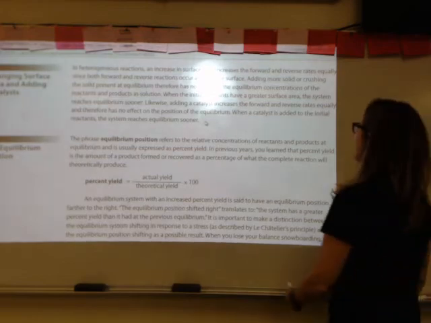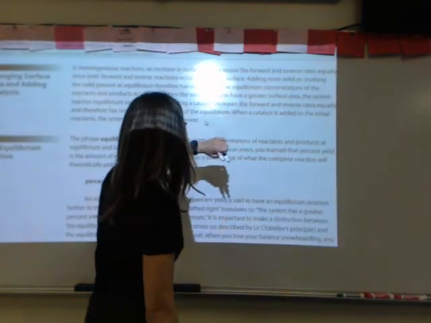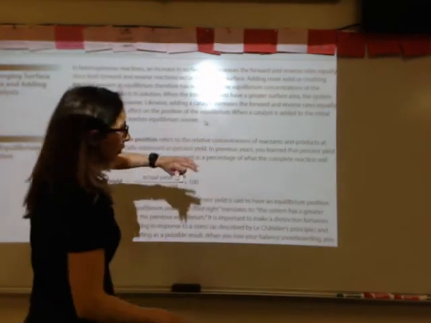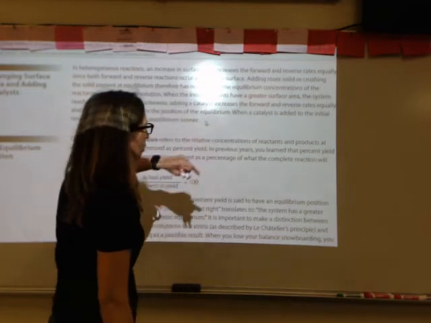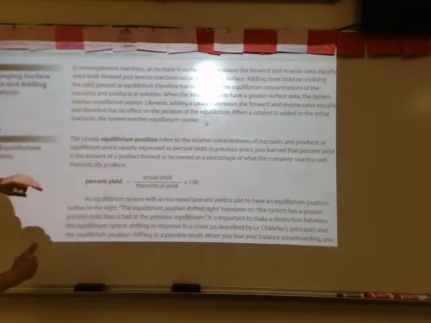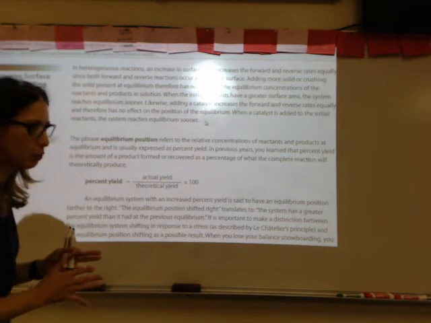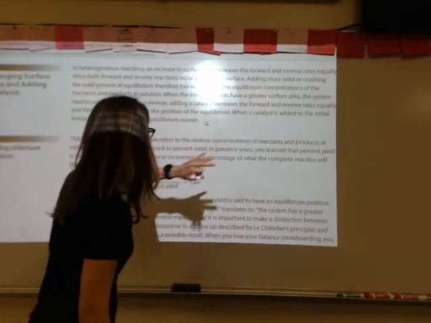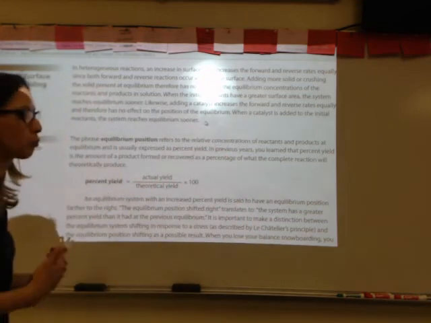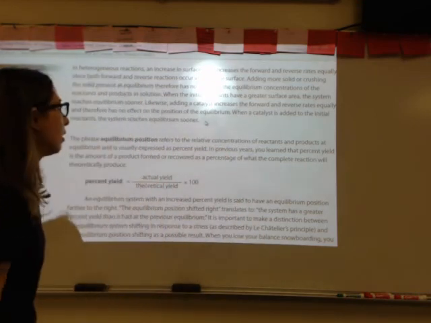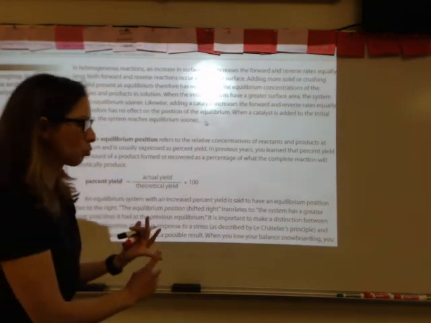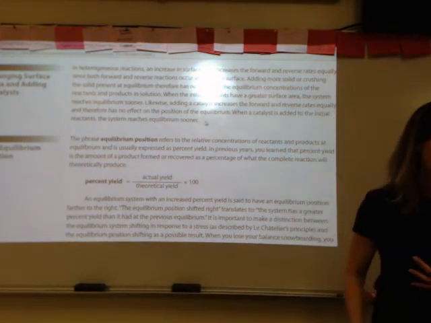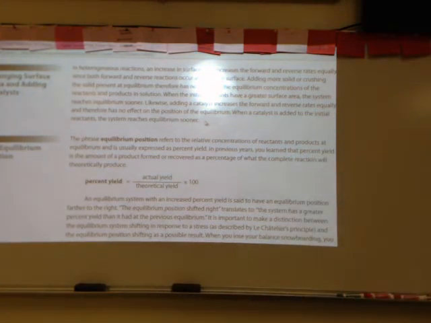When the initial reactants have greater surface area, the system will reach equilibrium sooner. Similarly, if you add a catalyst, which is going to increase the forward and the reverse reaction rates equally, if I'm already at equilibrium, there will be no effect. But if I add a catalyst initially before I've hit equilibrium, I will reach equilibrium sooner. So, if initially I add reactants with greater surface area, or initially I add a catalyst, I will get to equilibrium faster. Okay, but it has to be initially.